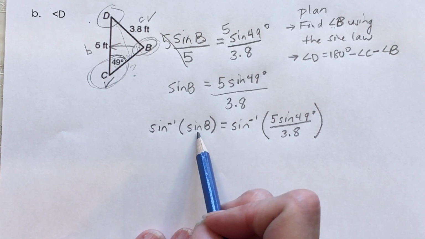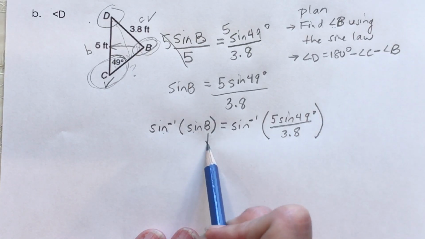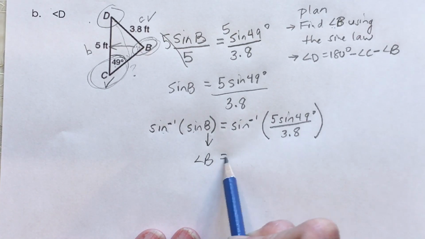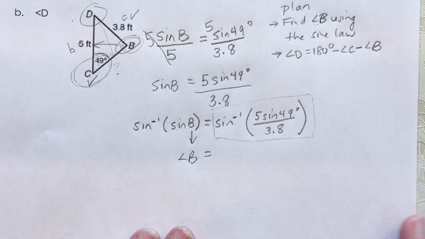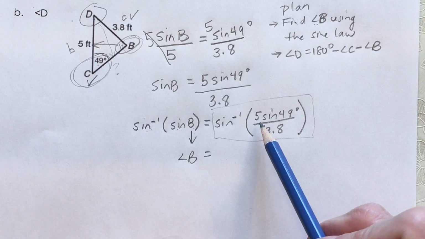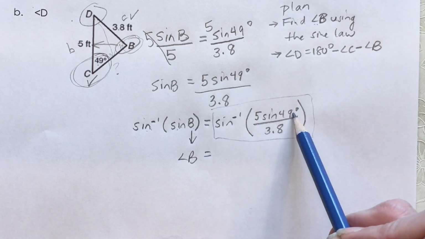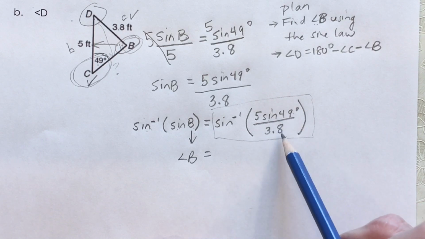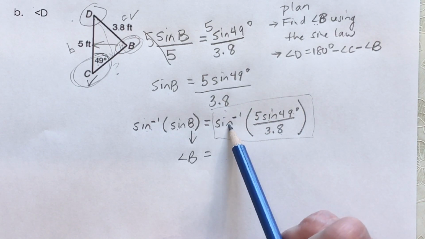So the sine inverse of sine B: all sine inverse does is undo sine so that you're left with just angle B on this side. And then this is something that we can type inside our calculator. It's a number, and that number represents the size of angle B in degrees. Different calculators do it different ways. In some calculators, you're going to do 5 times 49 sine divided by 3.8 equals, and then press shift or second and then sine.